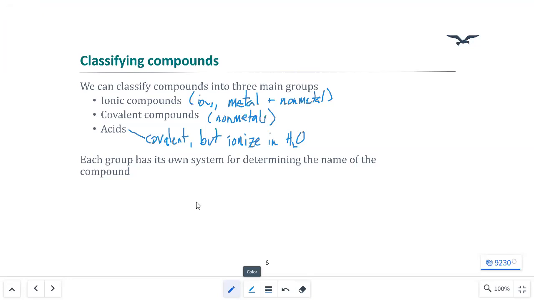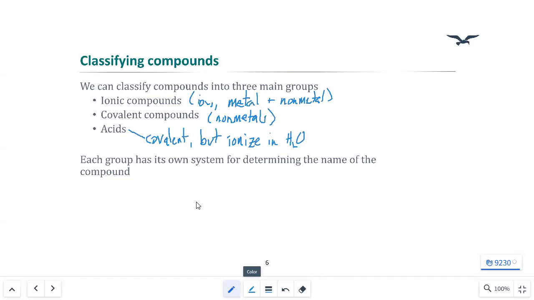Most often we will see acids looking like covalent compounds, a cluster of non-metallic substances put together. But because acids are hydrogen and something else, the fact that that hydrogen has a +1 charge, and the fact that the bonds that are usually made are quite polar, water splits them apart, and we end up getting hydrogen ion and some other ion in water when it goes into water.